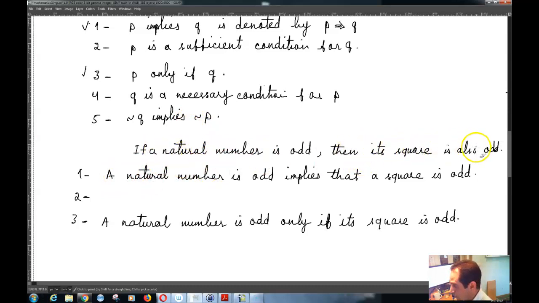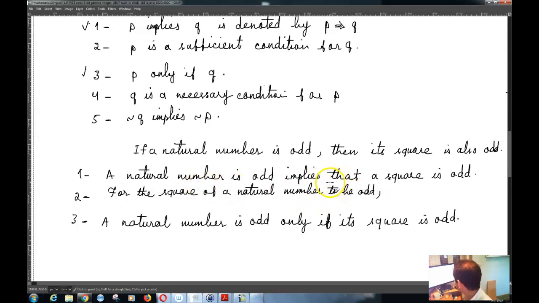So that way I can write it. For the square of a natural number to be odd, it is sufficient that the number is odd, meaning that basically P is a sufficient condition for Q, right?